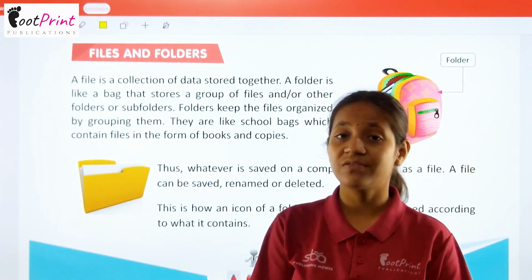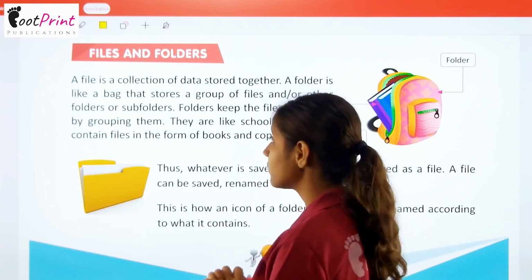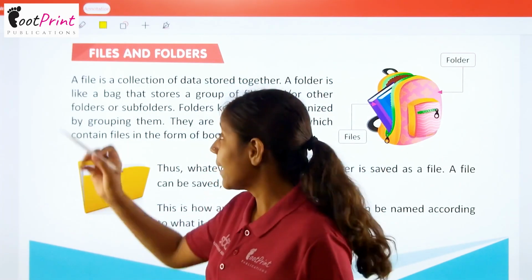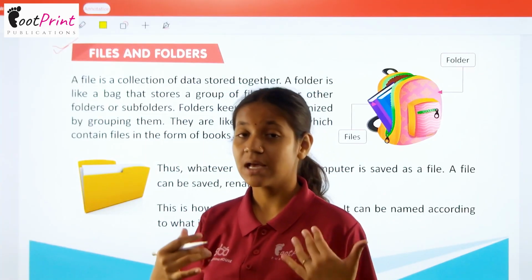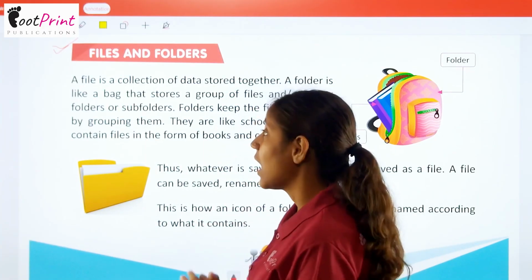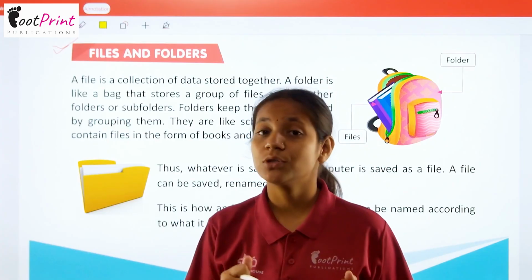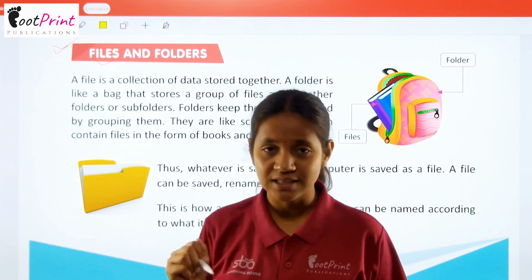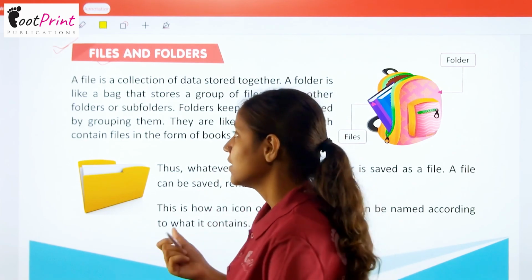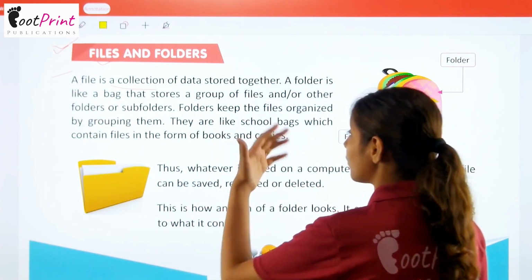Now we have files and folders. So what are files and folders? Like manually we have some files and folders in which we keep our documents, our important things, our notes. Similarly, the computer also contains some folders and files which contain our data and information. So, a file is a collection of data stored together.